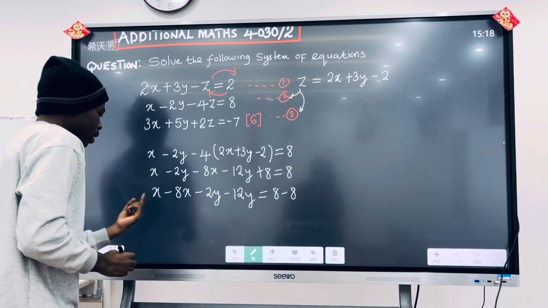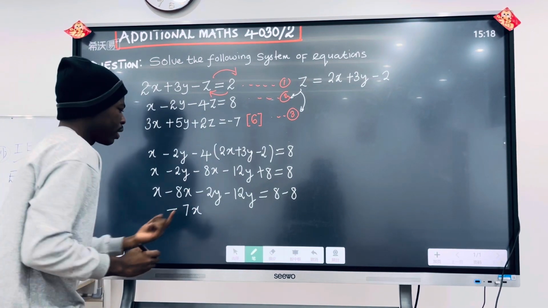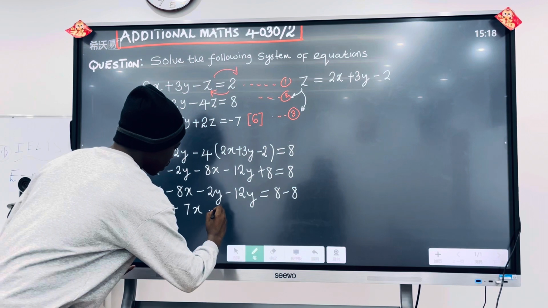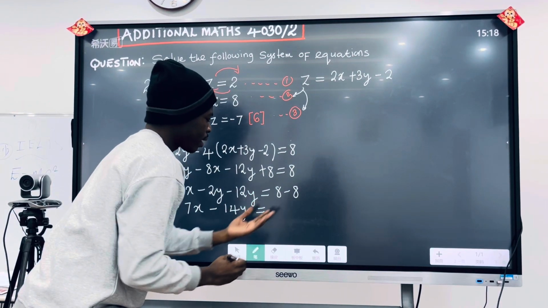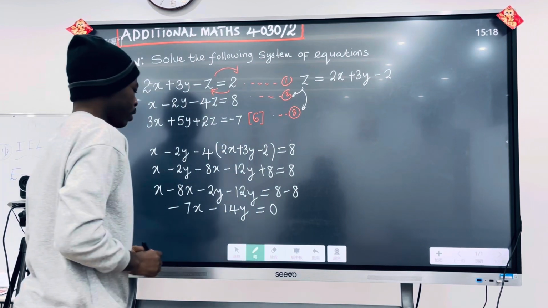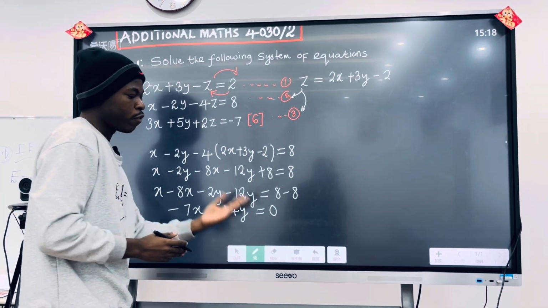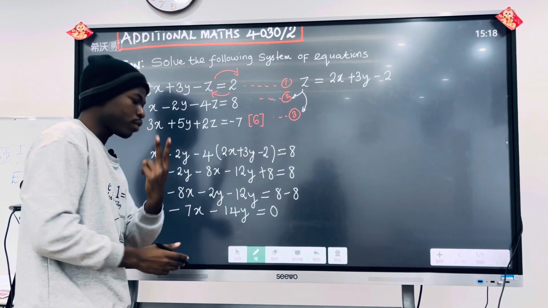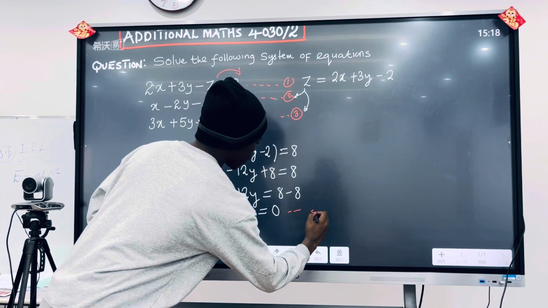Simplifying this, x minus 8x is negative 7x. Negative 2y minus 12y is negative 14y. And equals 8 minus 8, that's 0. So we can see that we've gotten rid of the z term here. So we formed a new equation in 2 variables. We can just call this equation A.